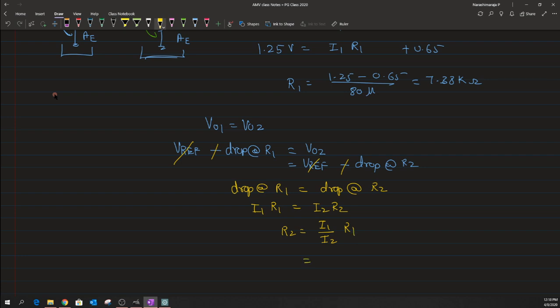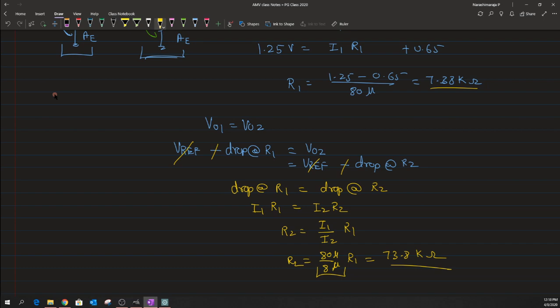So the ratio of I1 by I2, which is 80 by 8 microamperes, into R1, which we found to be equal to 7.38, will give a result of R2 equal to 73.8 kilo ohm, just because we have a factor of 10 being multiplied here.